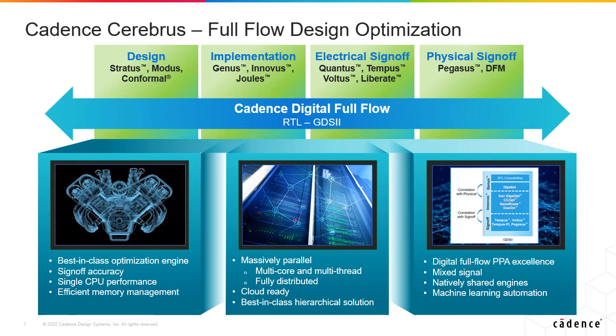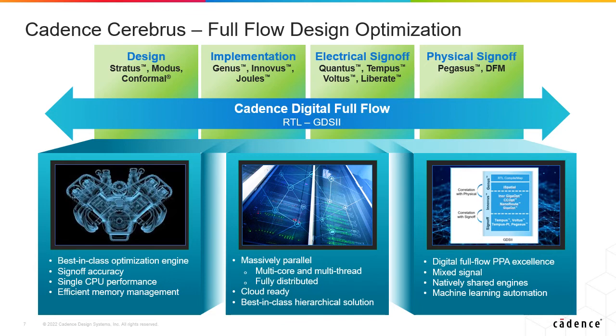The RTL thus generated by Stratus is converted into gate-level implementation using Genus. Innovus takes this gate-level netlist through the back-end physical implementation flow to generate GDS2. This GDS2 database then goes through rigorous electrical and physical sign-off checks before tape-out. This is how the full design flow works.